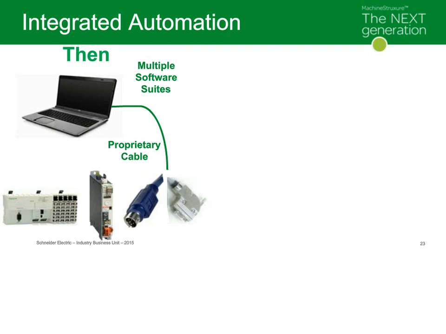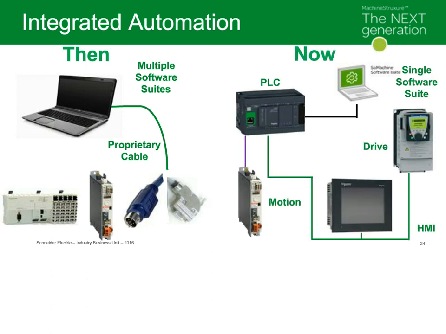So what we're starting to see now in today's marketplace is the divergence away from the old and its convergence into the new, where we have one single software suite that's able to connect one time to a PLC with one connection, non-proprietary cable, and with that one connection be able to see all the items on a network and be able to communicate with them and download one project file that's able to propagate to the entire machine.